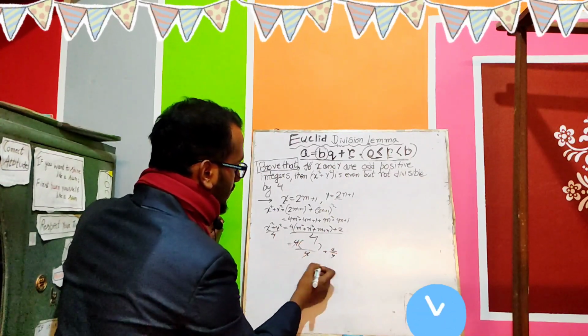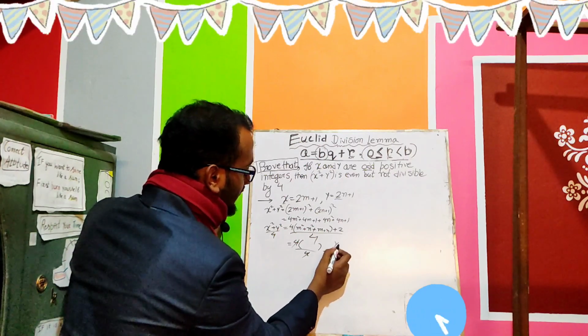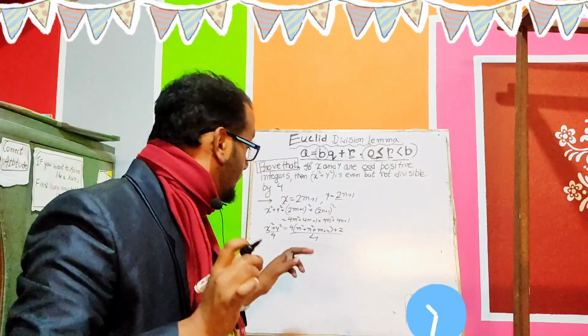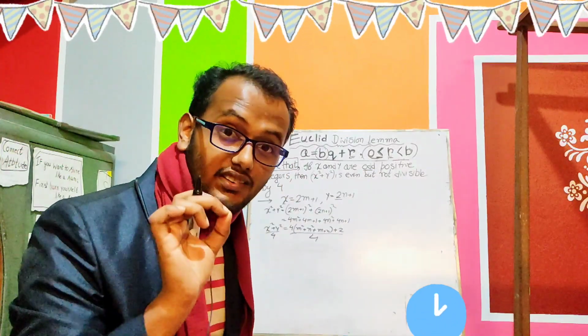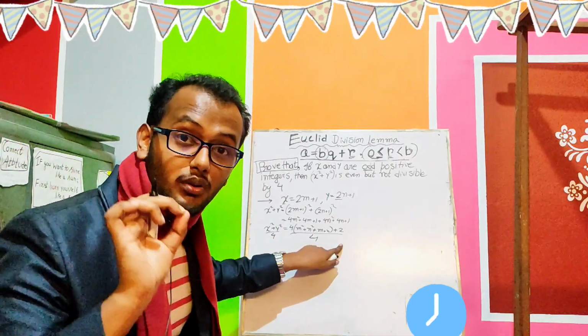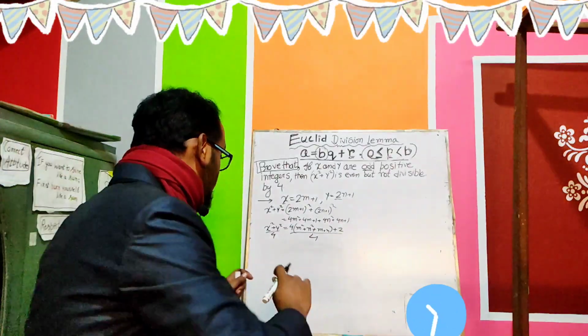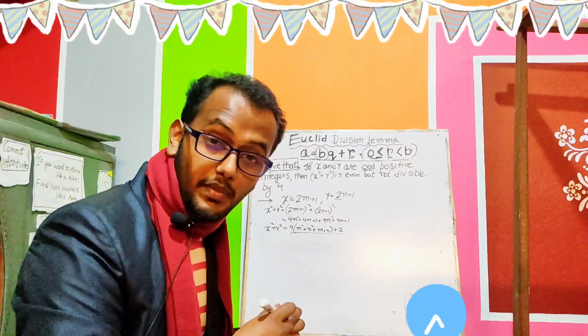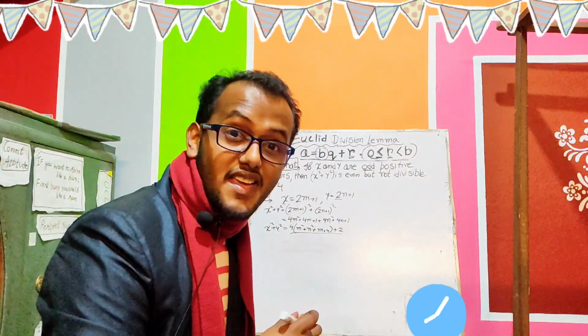This 4 gets cancelled out, but this one remains as half. So this means x² plus y² is not divisible by 4, because there is a remainder, where half is there. So x² plus y² is even but not divisible by 4.